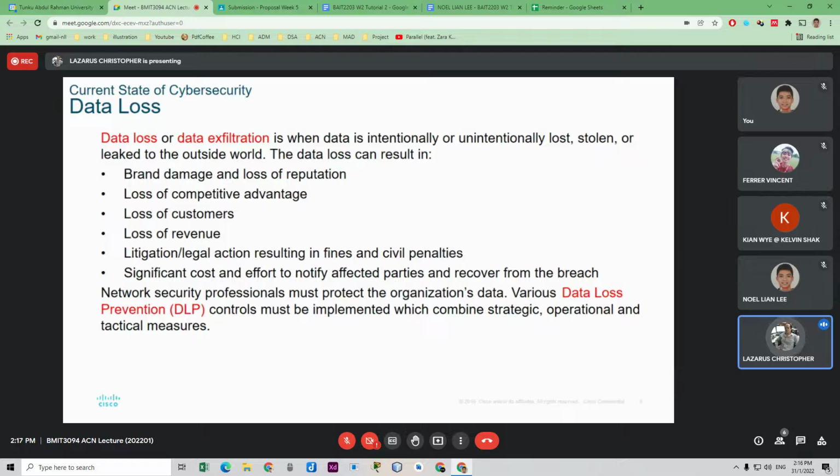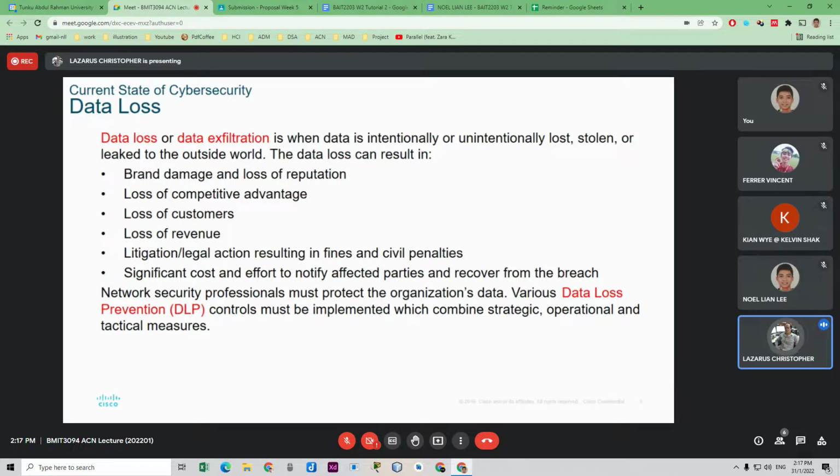Now, what happens if, let's say, Facebook got hacked and a lot of the information is stolen and leaked out? Now, Facebook has to do damage control.